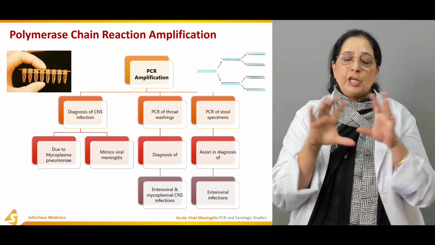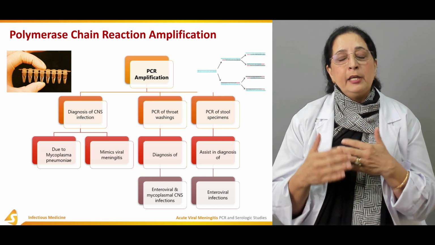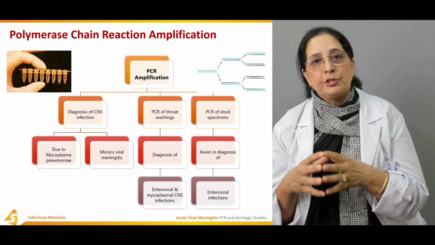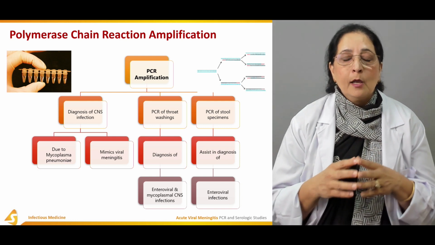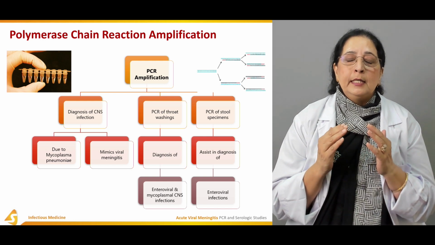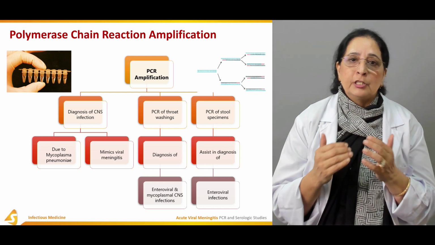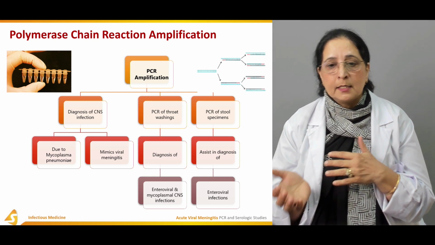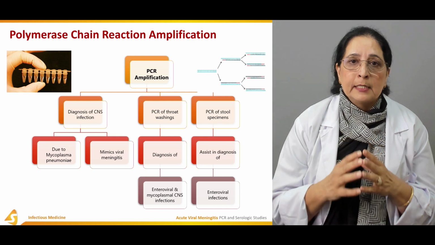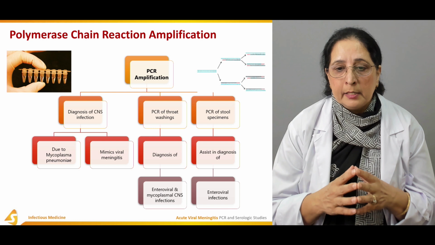Now, this chart gives us a very good, clear picture of why we use the polymerase chain reaction test. Polymerase chain reaction is done for the diagnosis of some infections caused by viruses along with some other organisms like Mycoplasma pneumoniae.